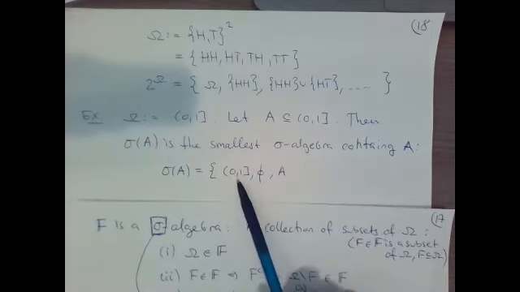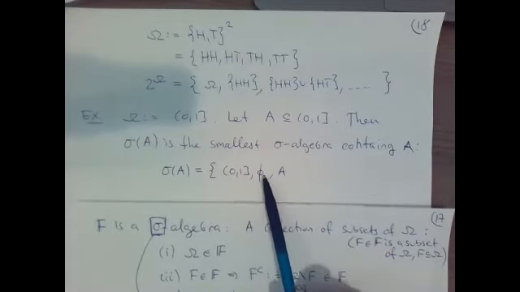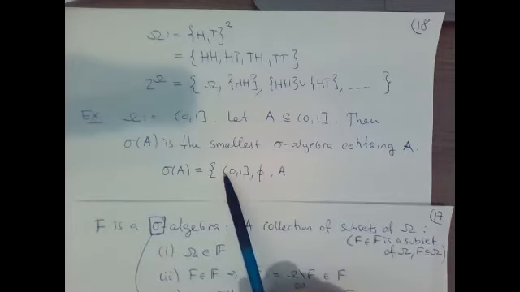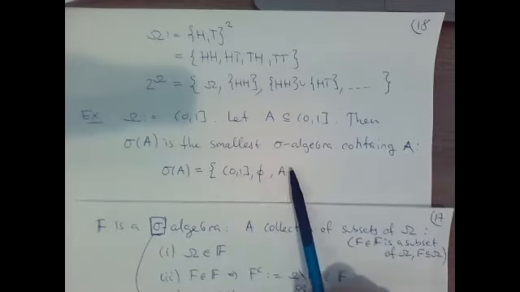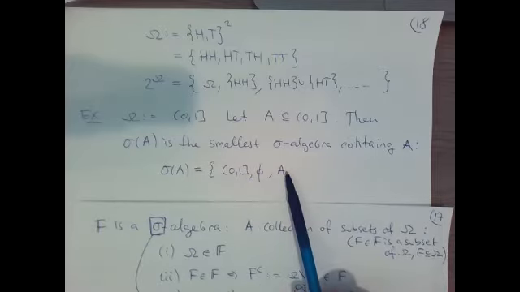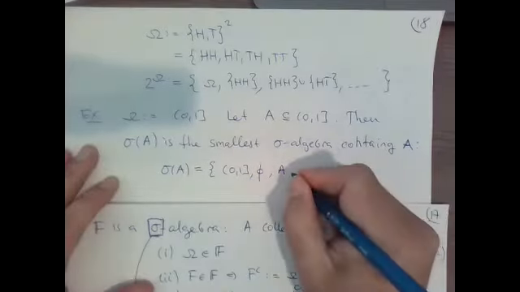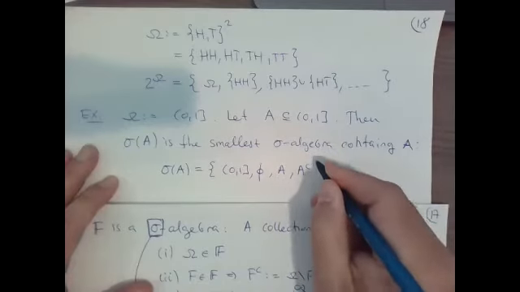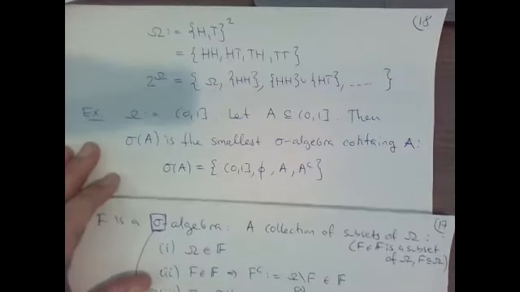If I take the complement of the whole set, I'm going to get the empty set, so that's good. If I take the complement of the empty set, I'm going to get the whole set, so that works. But the problem is with A. If I take the complement of A, I don't find it. So I need to put in A complement here, and then this is going to give me the smallest sigma algebra.